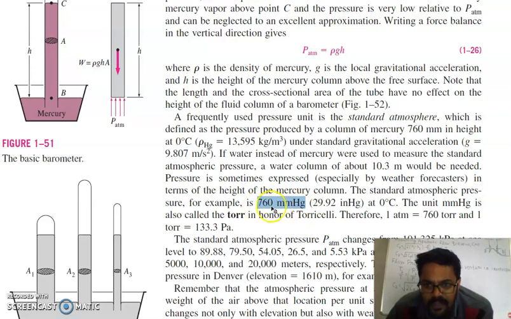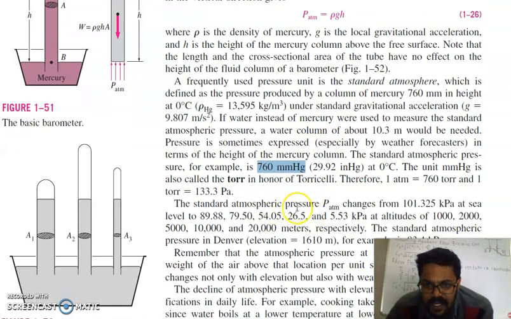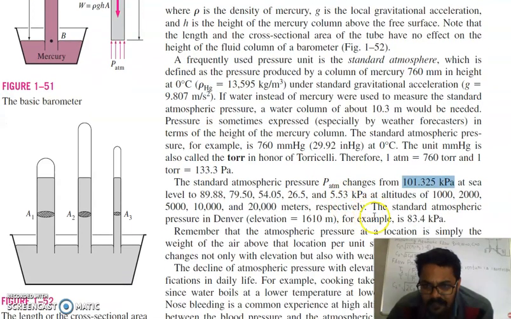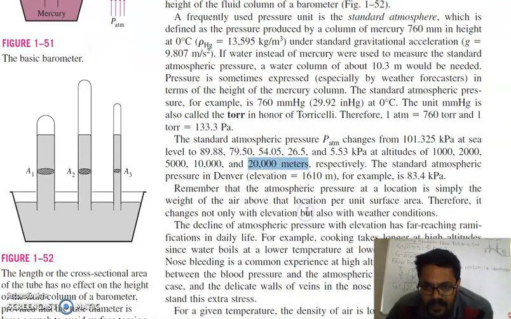If the pressure is lower than this, then we will write it like 730 mm of Hg. If pressure is above this, then we will write accordingly. The standard atmospheric pressure changes from 101.325 kilopascal at sea level to around 5.5 kilopascal, about 1/20th, at 20 kilometer of height.